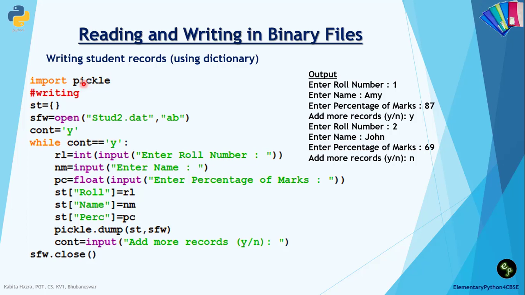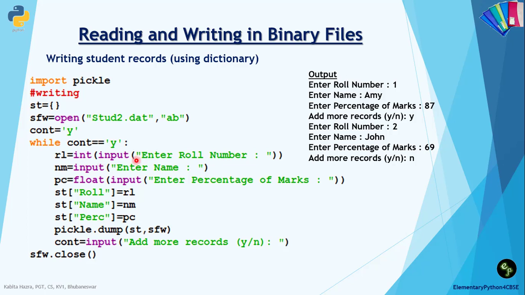We are importing the pickle module, creating an empty dictionary, and opening the file stud2.dat in binary mode. Then we are using a variable continue to control the loop and initializing it with yes. If the value of this variable continue is yes, then it will continue to ask for user input and write the data.